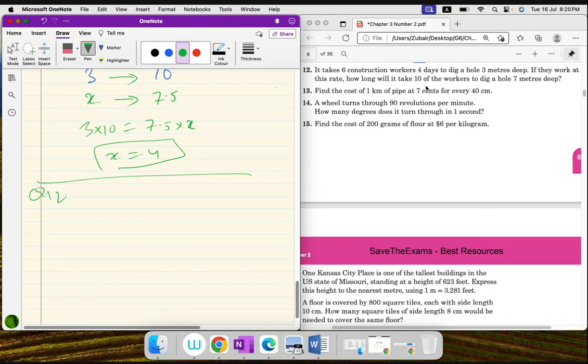I'm confused. See, there are two things. Either we deal with them one by one, or we write one single equation. I'd prefer one single equation.